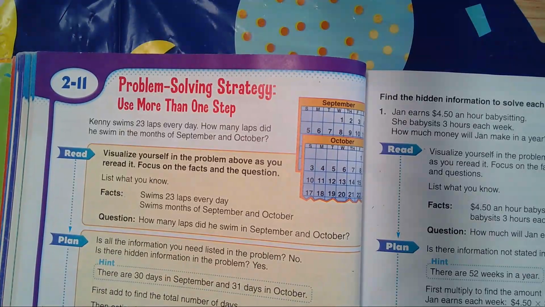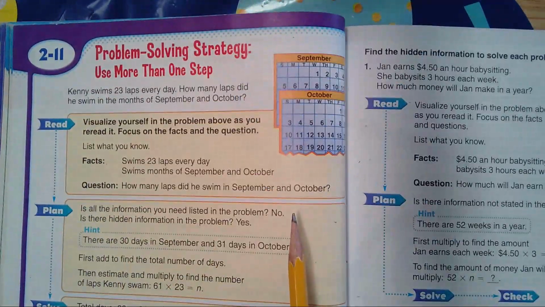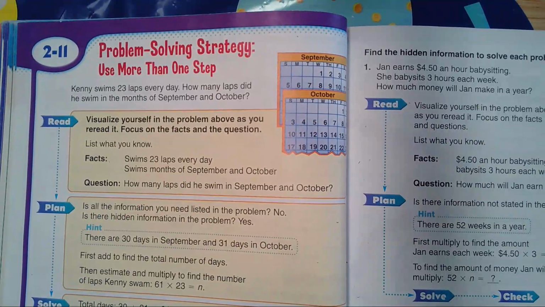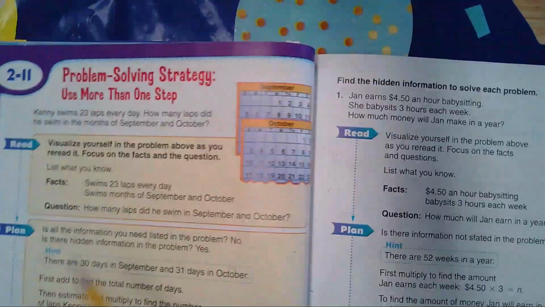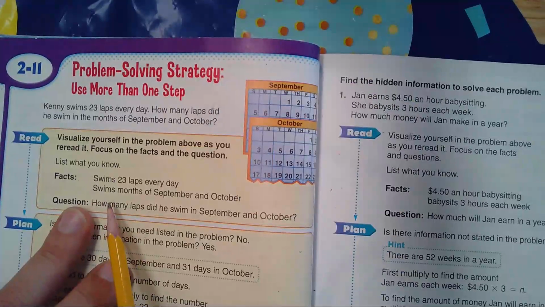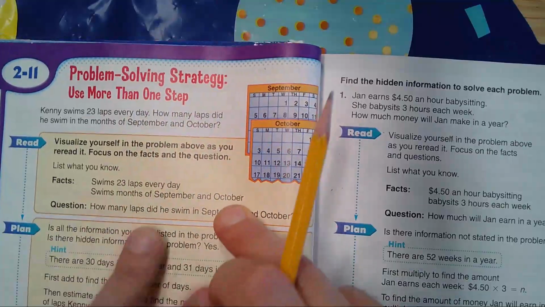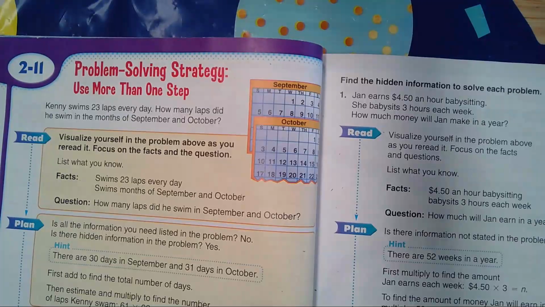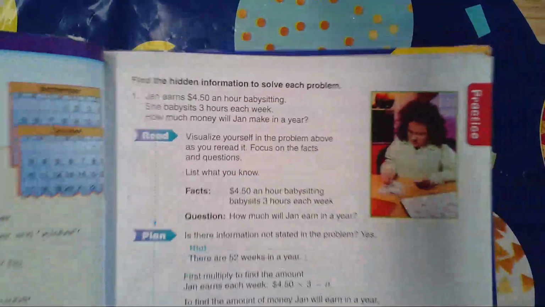That's what we know, but that leaves us with one burning question: how many days are there in September and October? 30 and 31. Right, and that's what we did here, but once we have that, we could replace every day in September and October with he swam for 61 days. And then it's easy to solve, of course, assuming you do the multiplying properly.